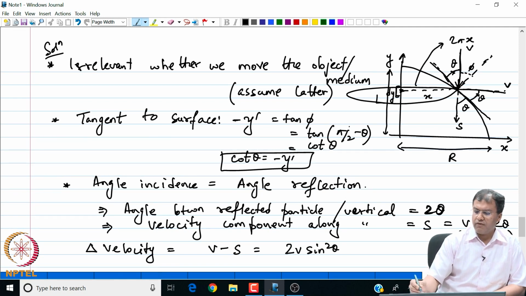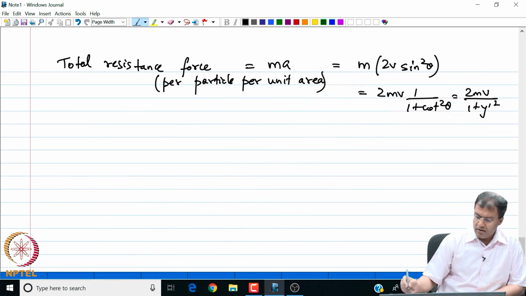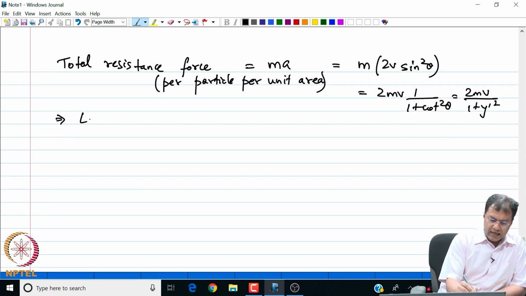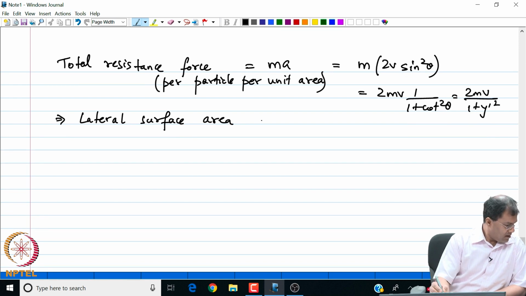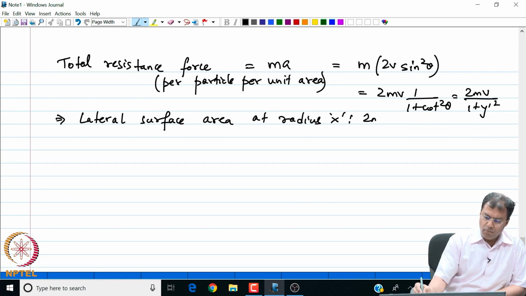This is a circle of radius x. So, my lateral surface area at radius x is 2 pi x times dy.